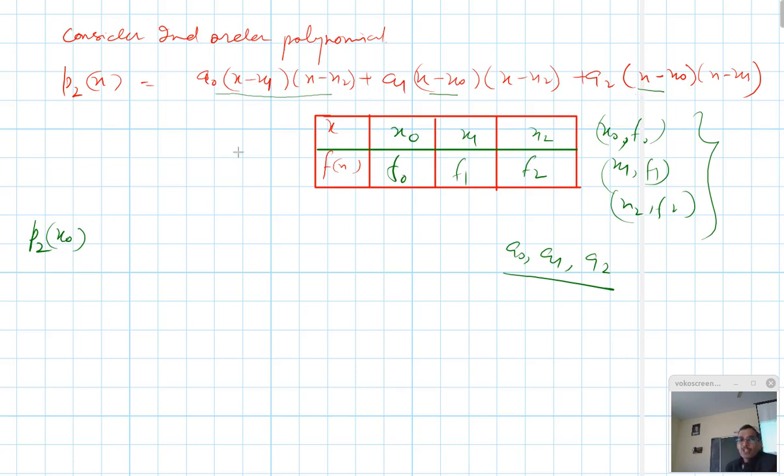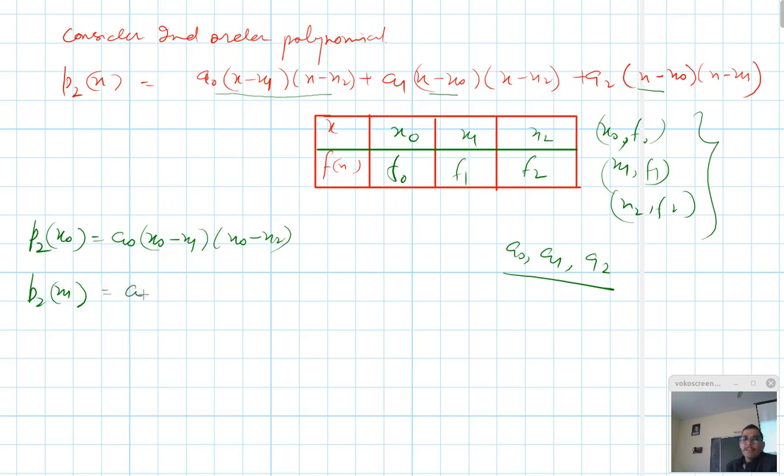Because when I put x0 in this polynomial, this term will become 0, this term will also become 0, and only this is non-zero, and it is a0 times x0 minus x1 and x0 minus x2. And similarly, P2 of x1: this will be 0, this will be 0, but this will be non-zero.